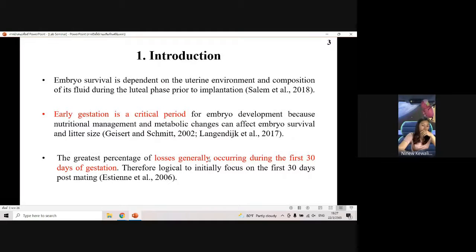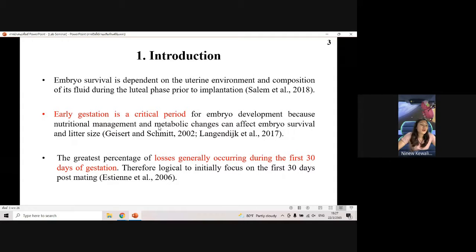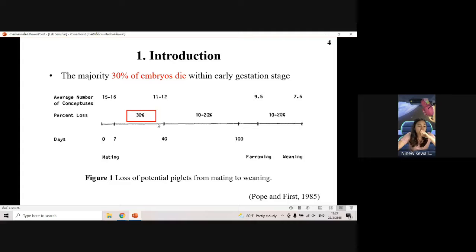Because the first stage is like a critical period, and there have to be changes in the nutritional and metabolic state of the body, and it may affect this stage. This stage is the implantation of the embryo, so it can have more change than other stages.